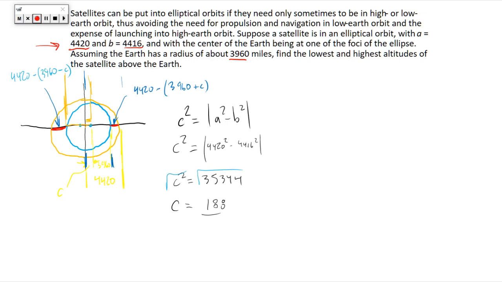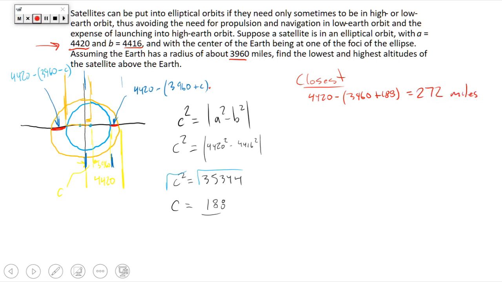So now all we need to do is plug c into those two equations. The closest, which is this one, is going to be 4420 minus 3960 plus 188, and that equals 272.